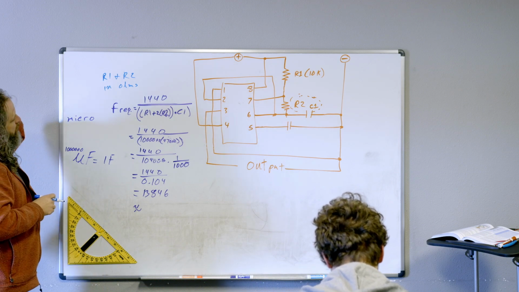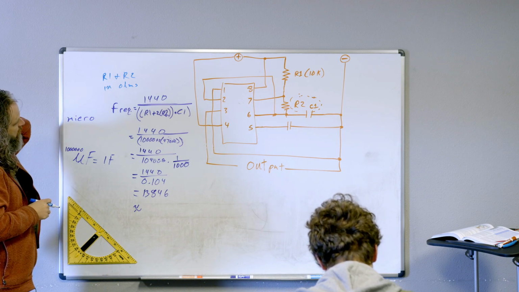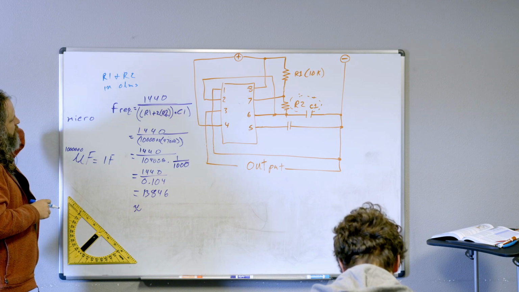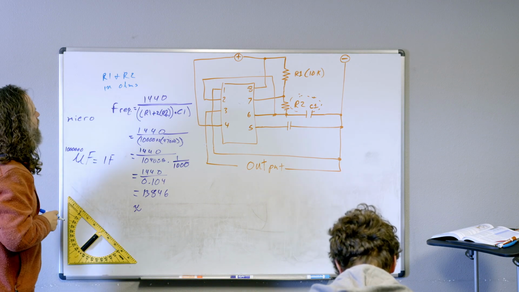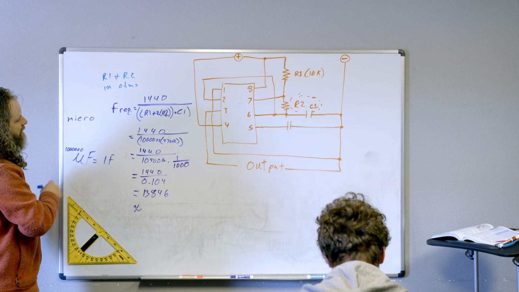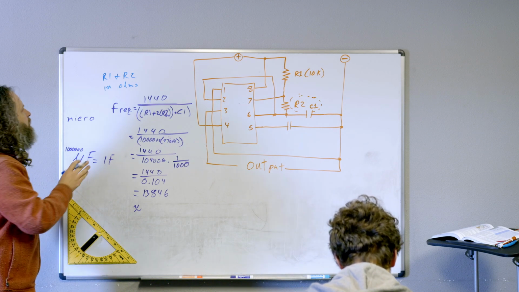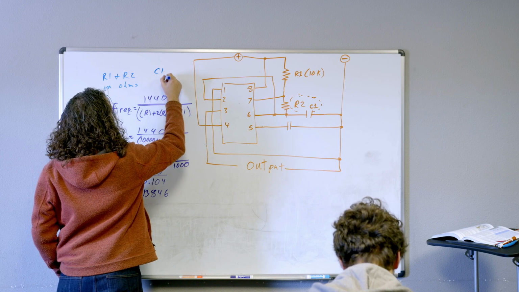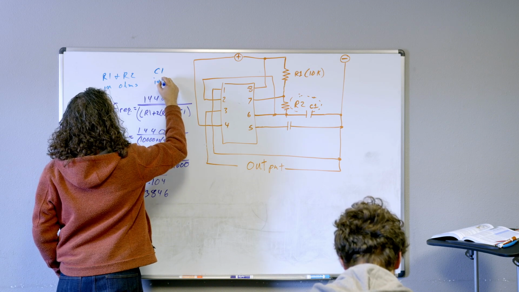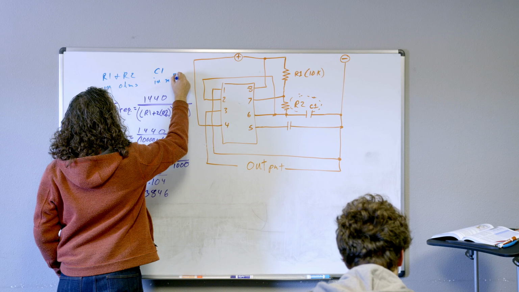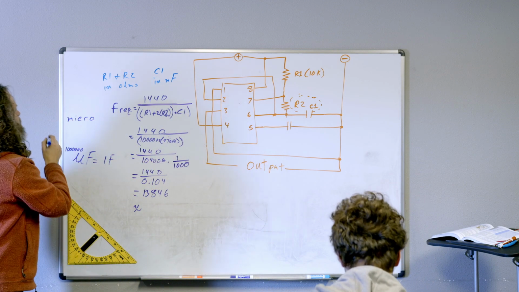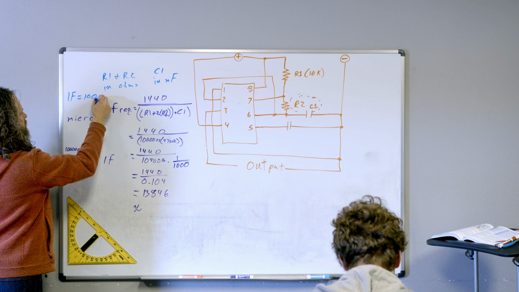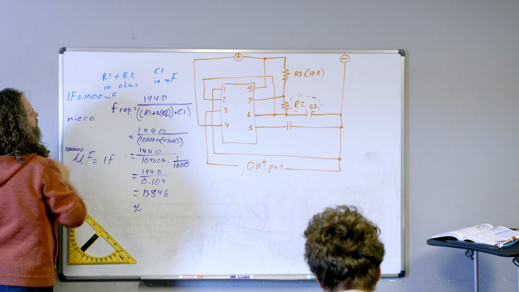I bet if you put this in kiloohms, then that would be in microfarads. Anyway, R1 and R2 in ohms, and C1 in millifarads. And 1 farad equals 1,000 millifarads.